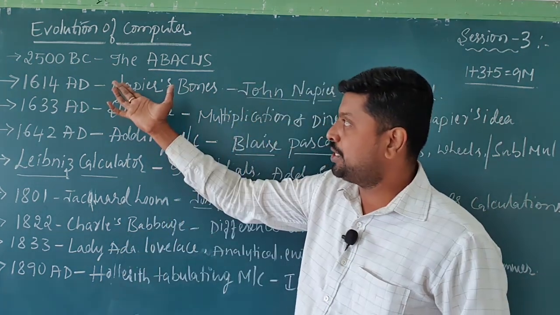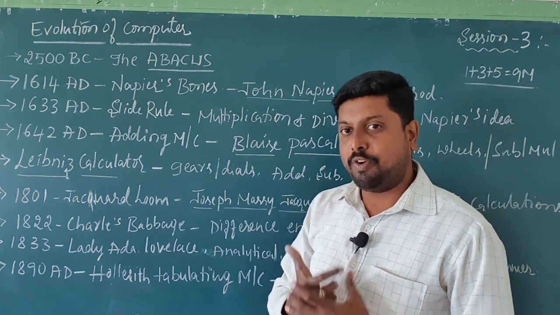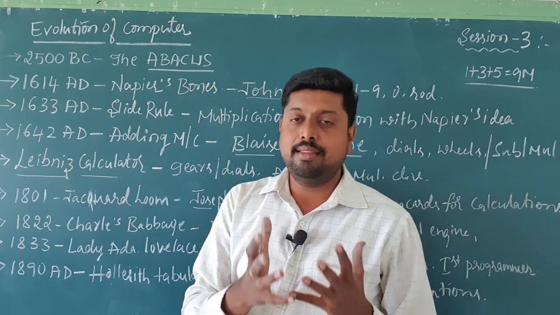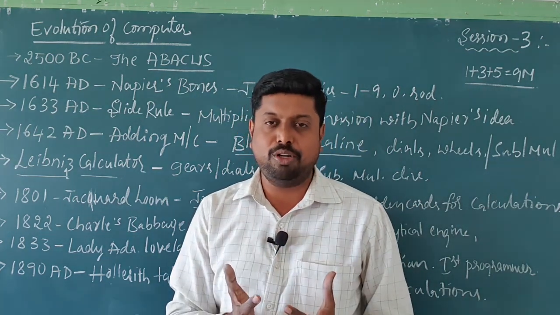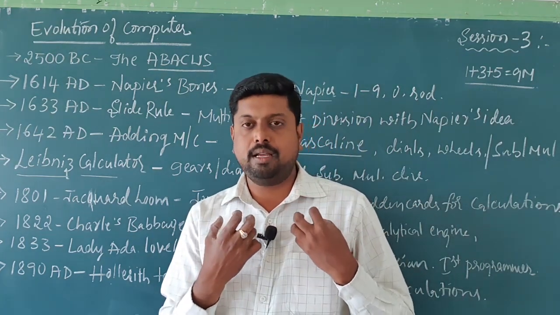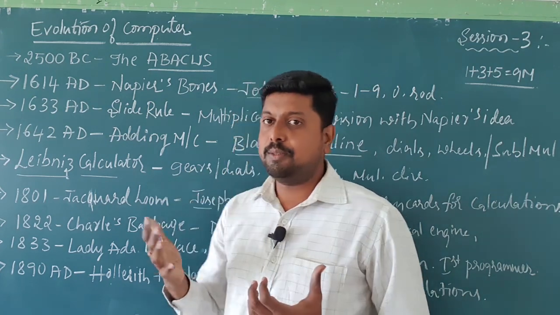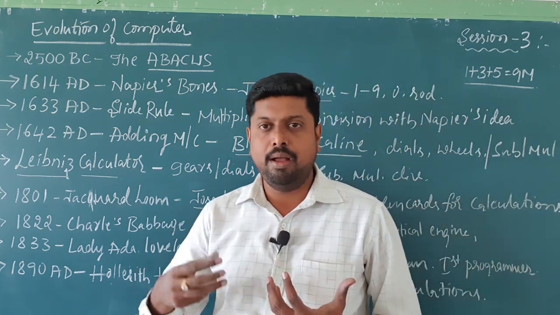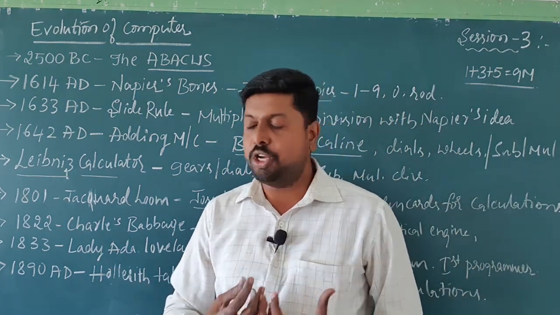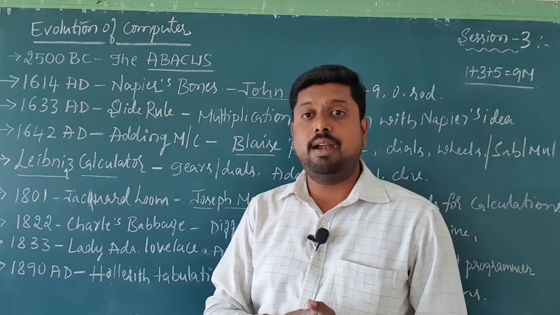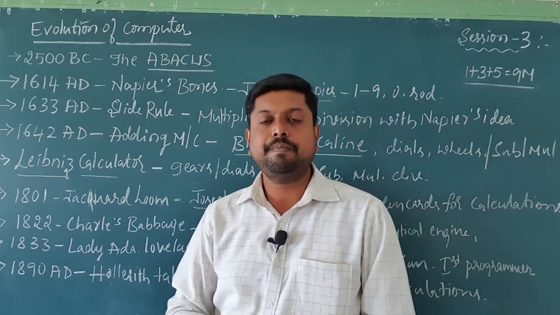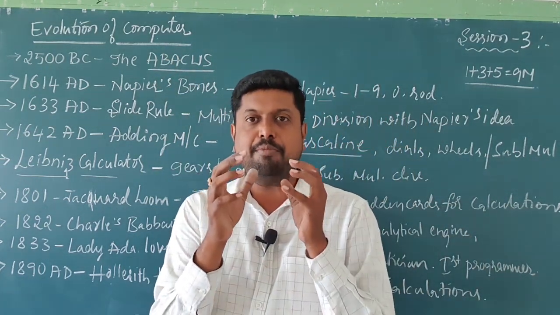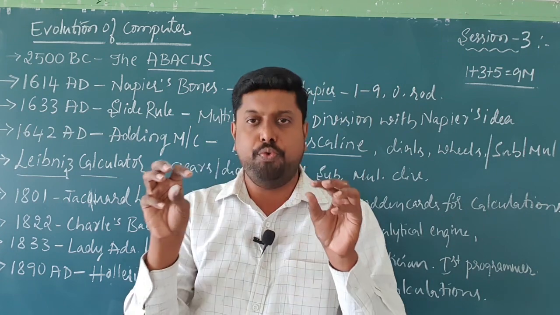So in 2500 BC, the first calculating device is what we call abacus. That's why the name of that particular device is abacus. As per our information, this particular device was invented by the Japanese. According to some research, we got this information. This device is made up of dials and rods.